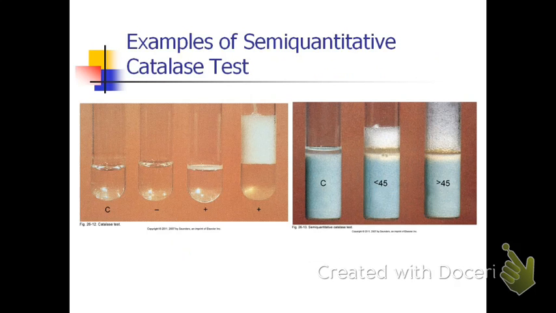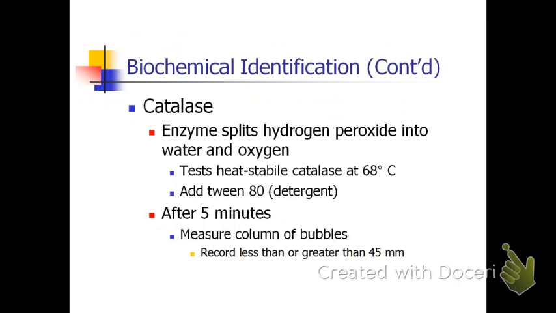So we usually measure the height of the bubbles being produced to make it semi-quantitative after the addition of the Tween 80. So we measure the column, so it has to be more than 45 millimeters to be considered as a positive result.